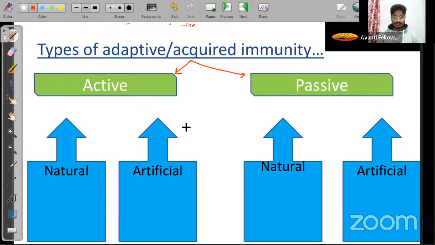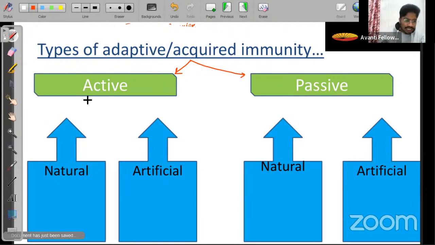Okay, but there is a difference. अभी देखो acquired immunity मतलब lifetime में acquire करते हैं, but active and passive में difference क्या है? Active means when our body is getting affected by a disease and at that time our body is developing some immunity. That is your active immunity.